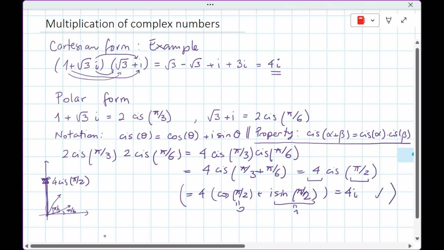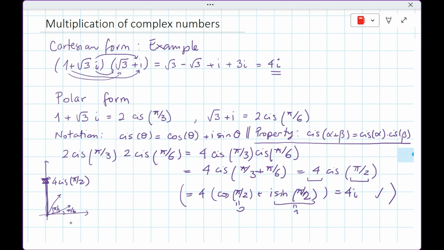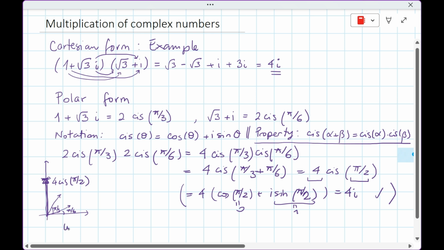So in general, if I want to write a formula, if I have complex numbers in polar form, let's say w given by r cis alpha and z given by s cis beta, then to multiply them, my result will be a new complex number with modulus the product of the moduli that I had before, and argument the sum of the arguments I had before.